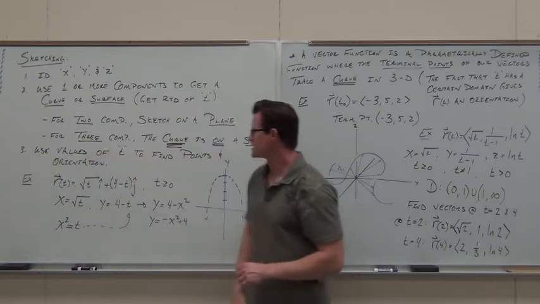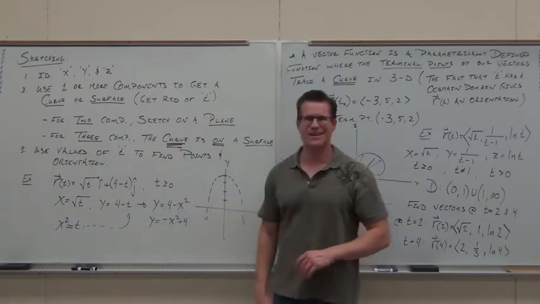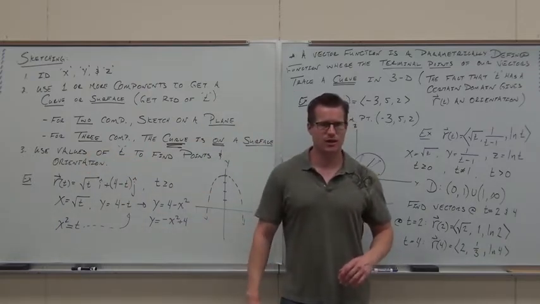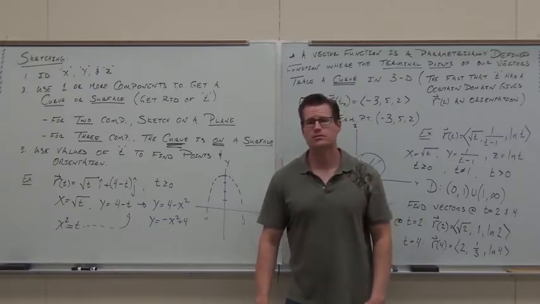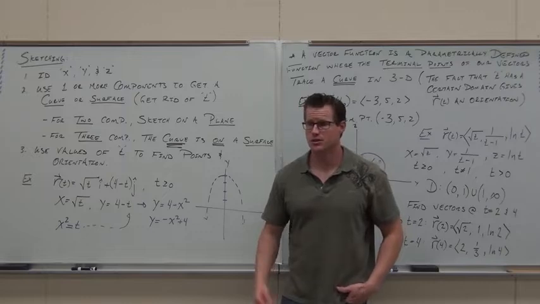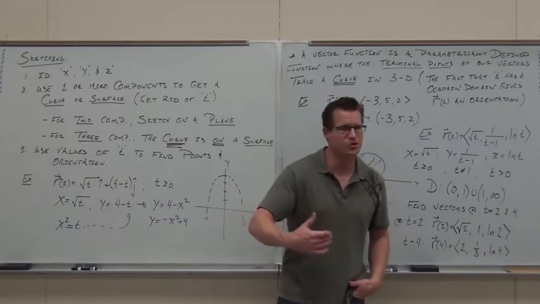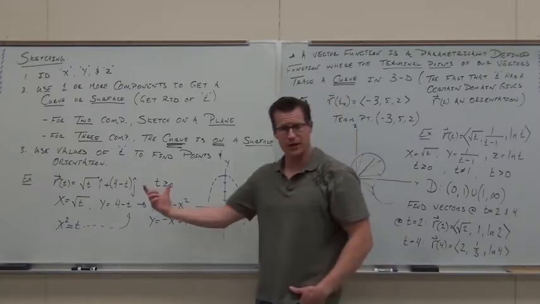The last one is to use values of t. Let's plug in -7. Should I do that? What should I plug in? Probably 0 to see where it starts, because this is going to have an initial point. It has an orientation. We just start somewhere for a defined domain like that.